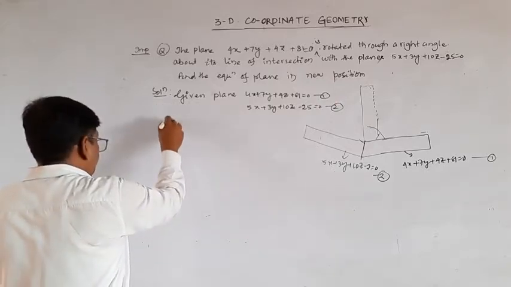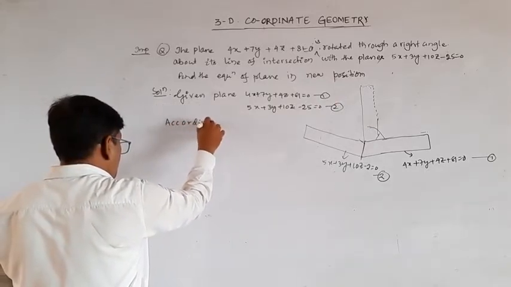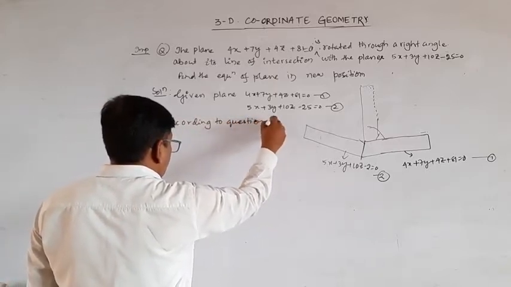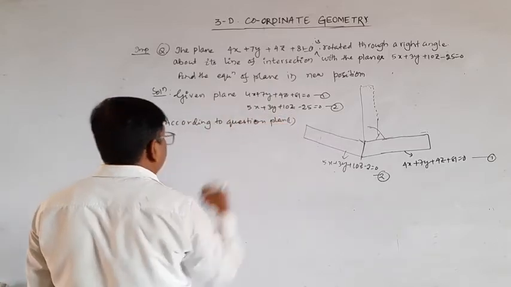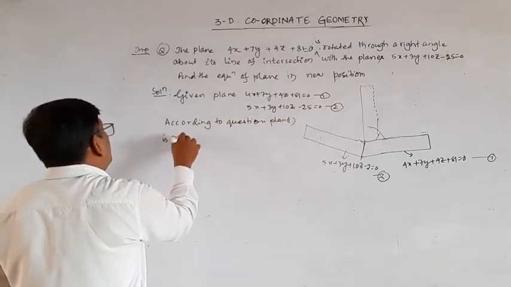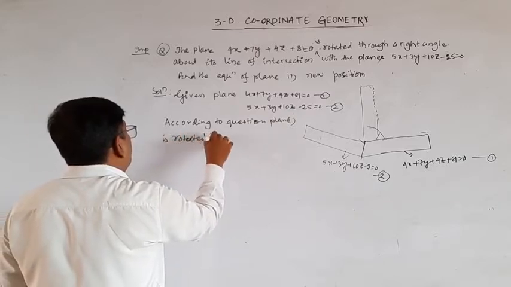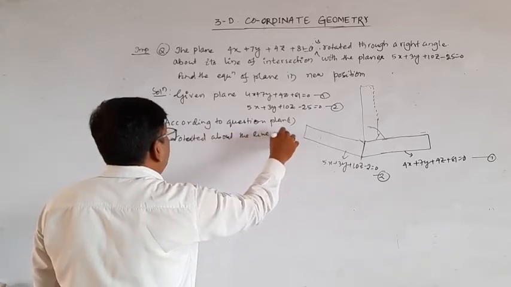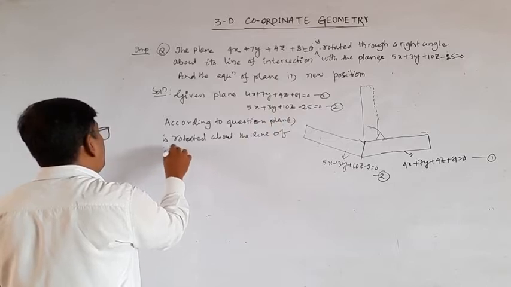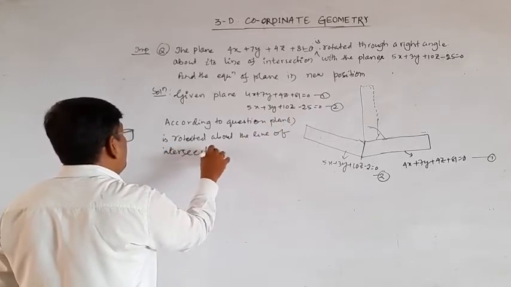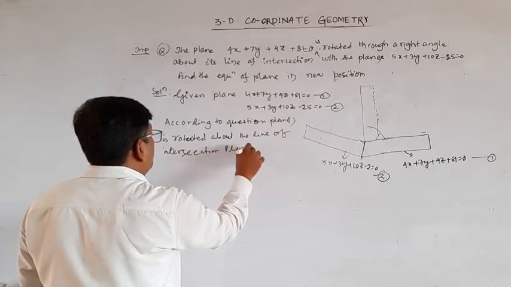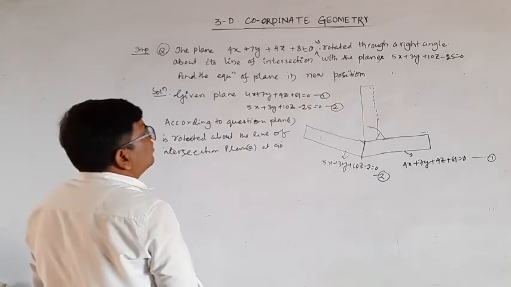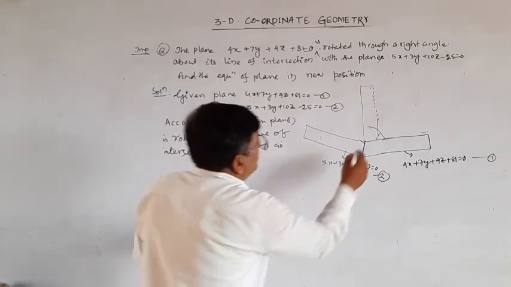According to the question, plane 1 is rotated about the line of intersection of plane 2 by 90 degrees.